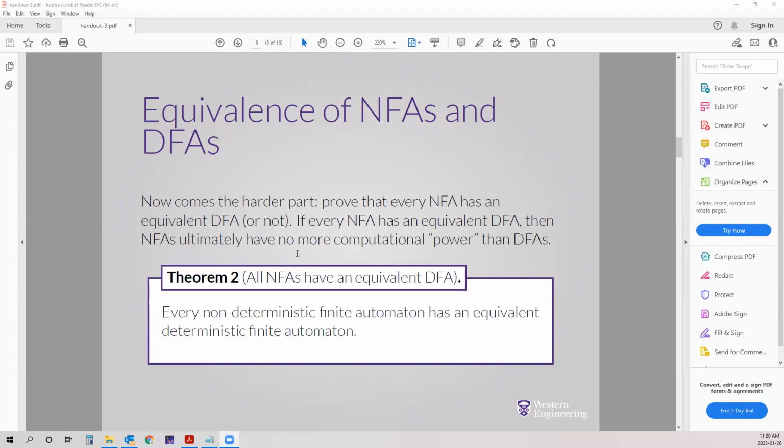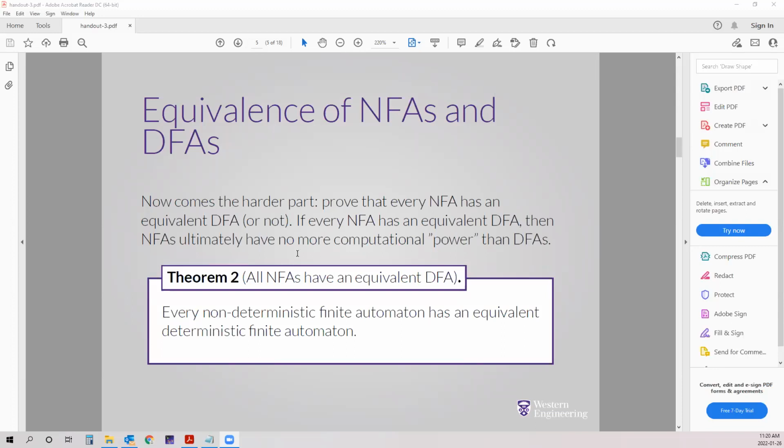Now we'll go one more step. So now it becomes harder. Prove that every NFA has an equivalent DFA, or not.